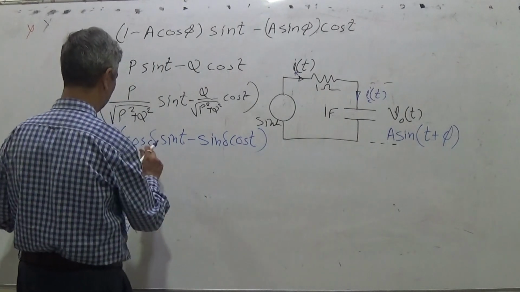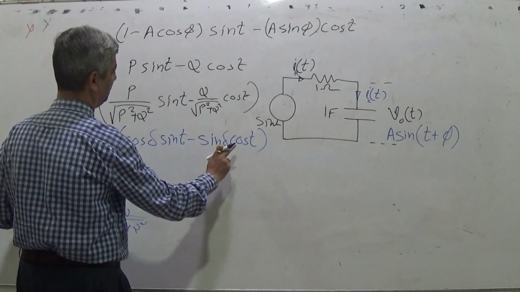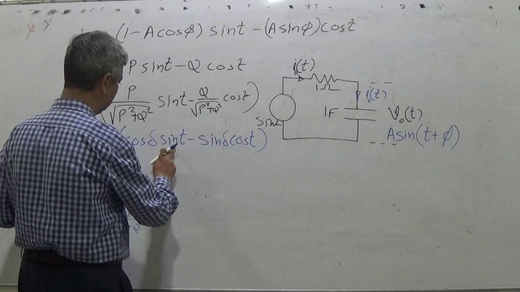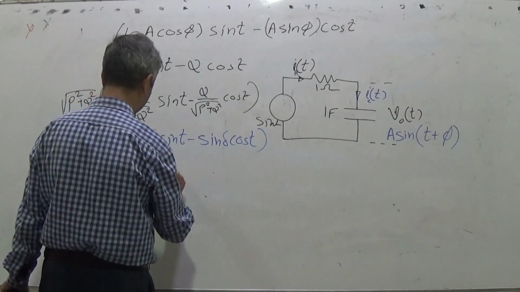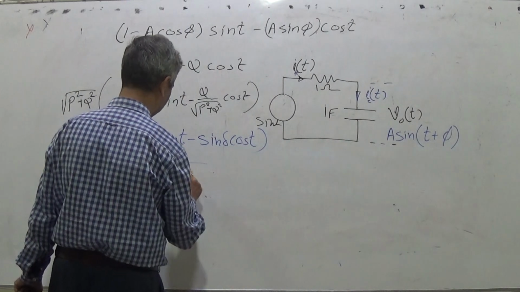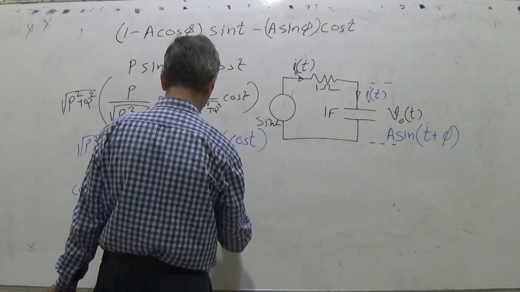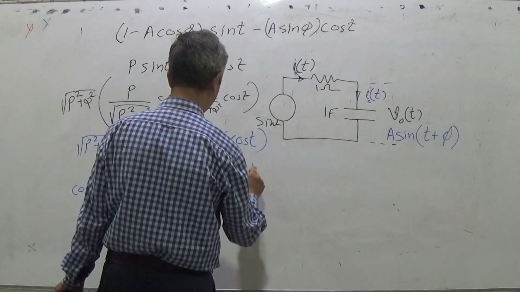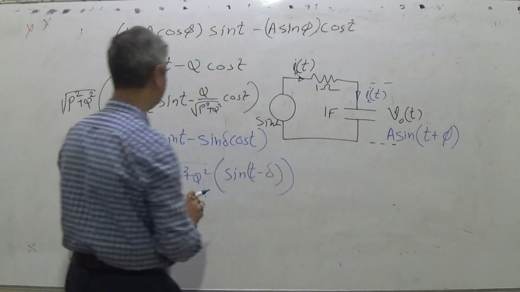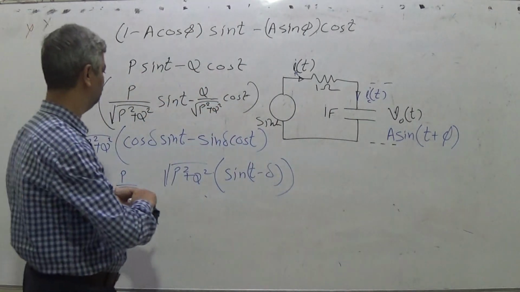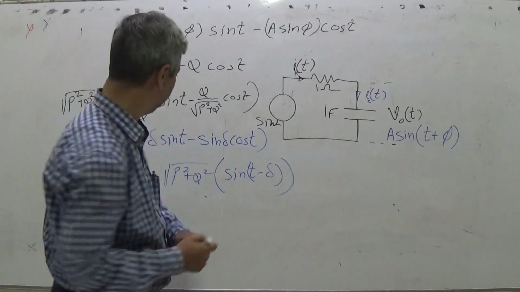So this is equal to under root p square plus q square into sin of t minus delta. I am not yet exactly sure.